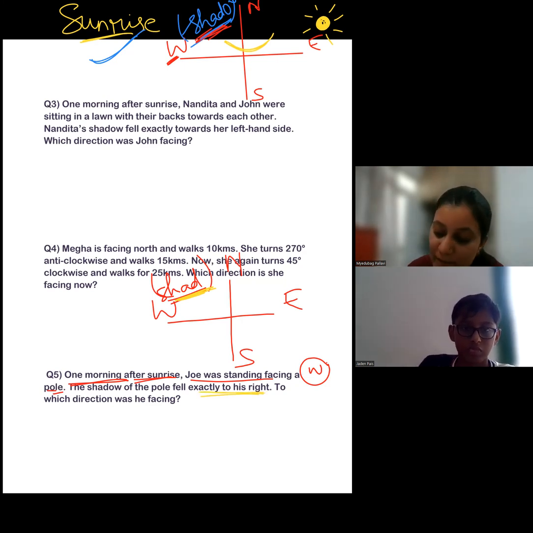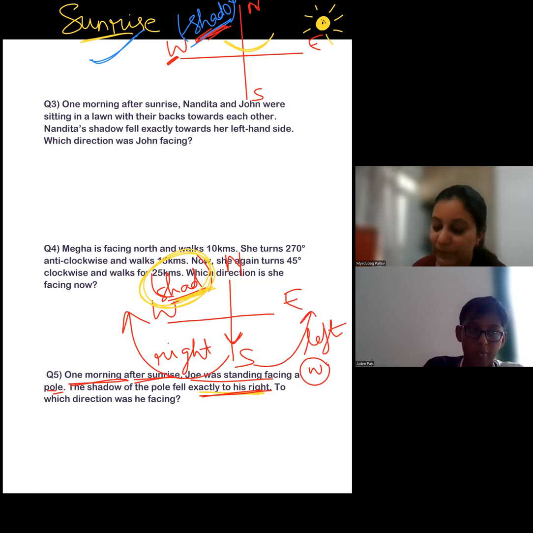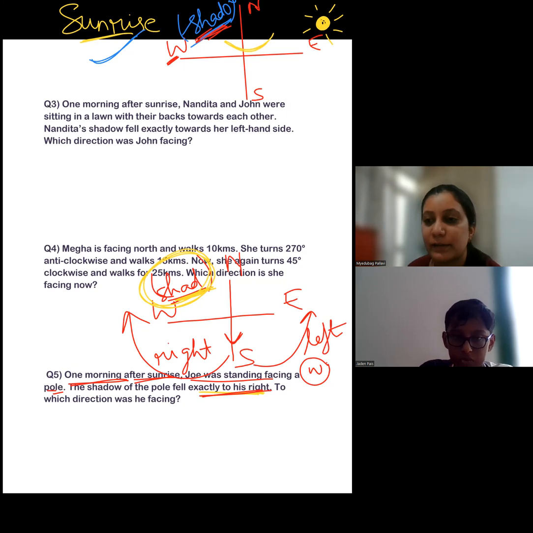So the west direction will be the right of Joe only when he is facing south, because if he's facing south, then this will be right and this becomes left. Okay, got it?